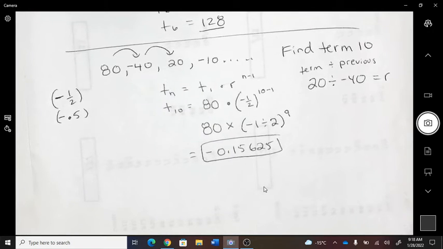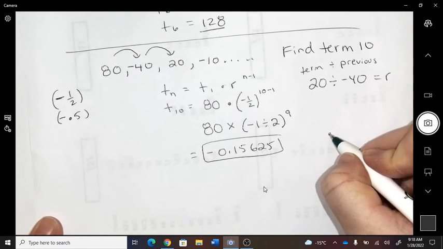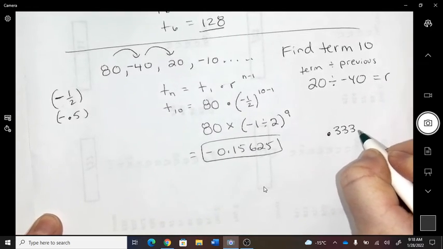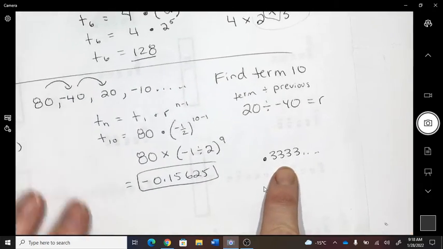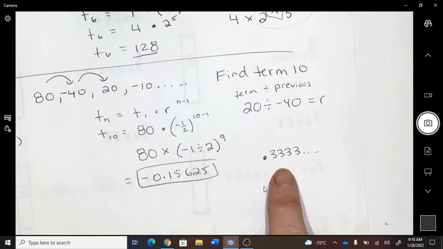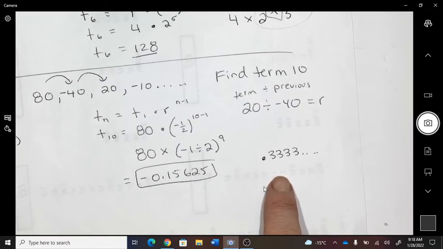Okay, I'm going to tell you that sometimes if you divide, and let's say you ever saw this in your calculator, I don't want you to use this because it's going to round.